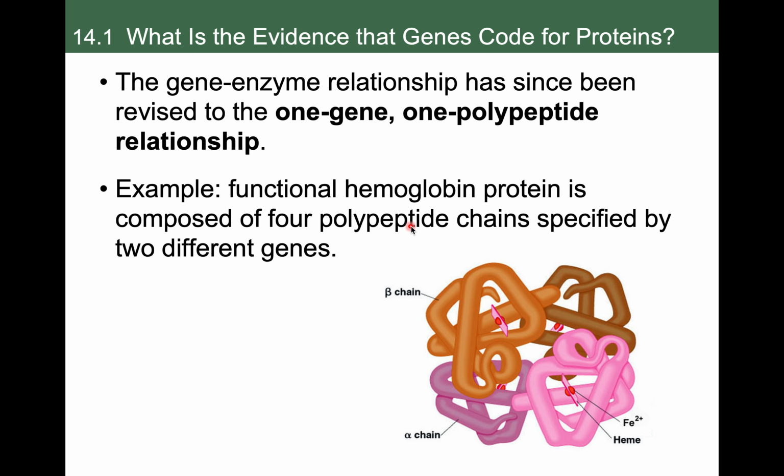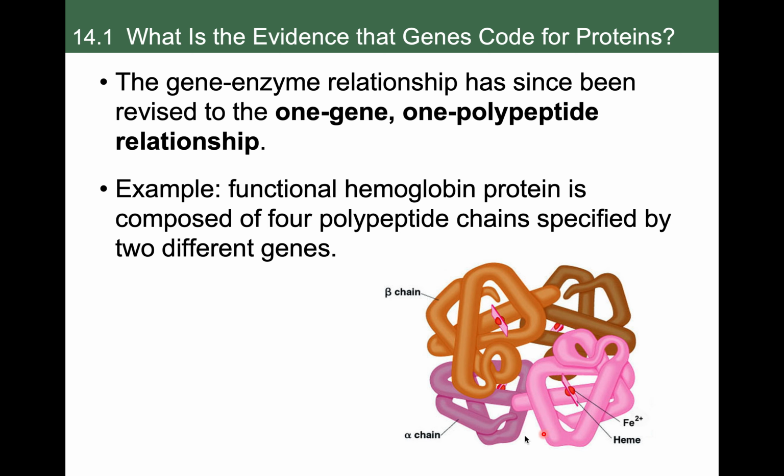It was later realized that not all proteins are enzymes. So they changed this to one gene, one polypeptide, and this was really because of proteins like hemoglobin that we've talked about before, where this one protein is made of four different polypeptide chains.